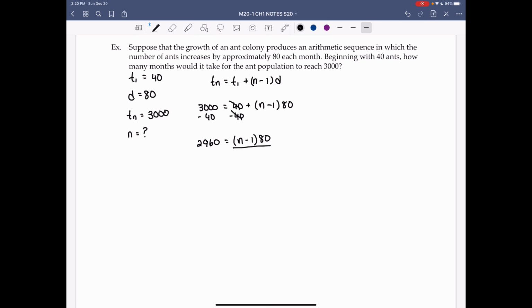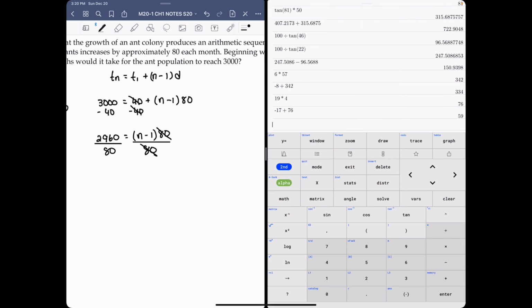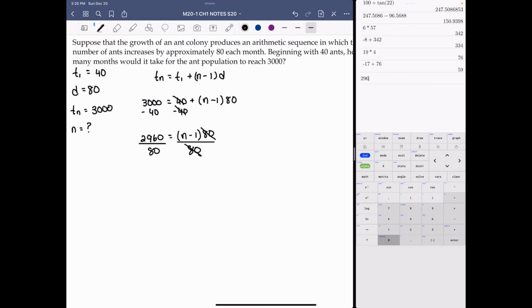Divide both sides by 80. On the right side, 80 cancels out. 2,960 divided by 80 is 37, equals n minus 1. Add 1 to both sides. We get n equals 38, which is months in this question.